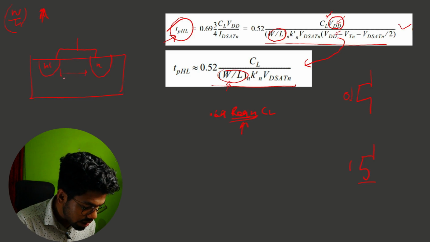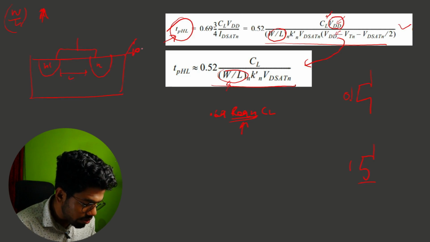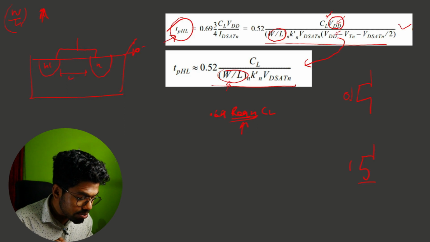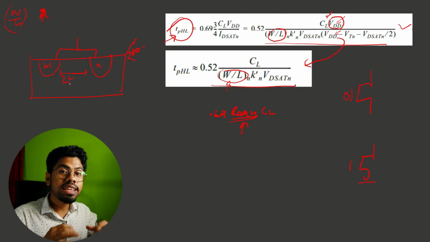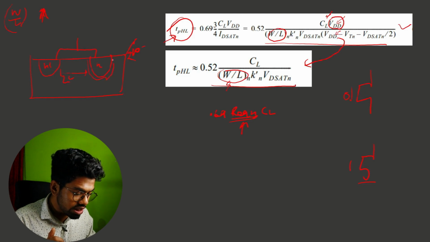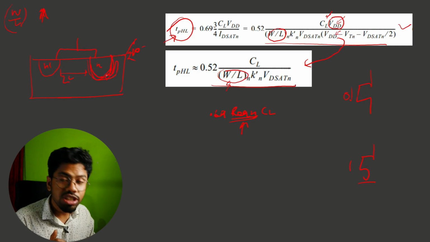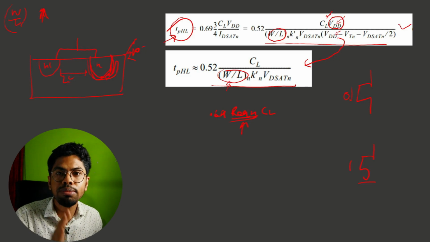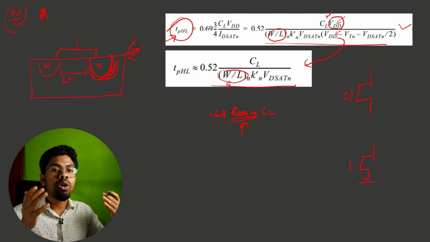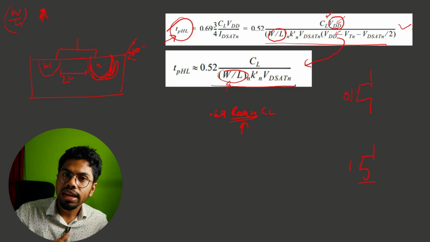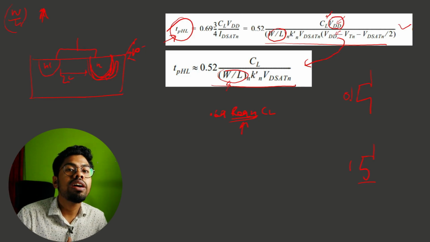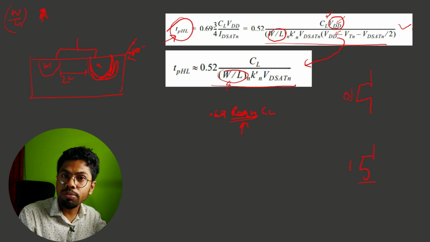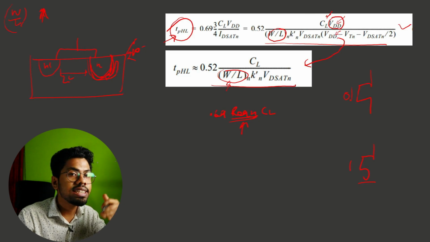And this has some L and it has some W. But if you increase it to twice the W, twice the L, which will imply the area of this diffusion area or this depletion area will also increase, and you know that your capacitances are directly dependent on the area. So that means in isolation, if we think yeah, increasing W by L will reduce our delay, but if we think from the perspective of capacitance, then this is not the case.